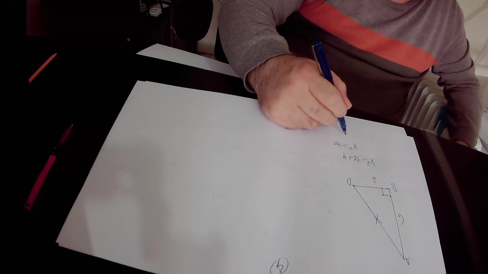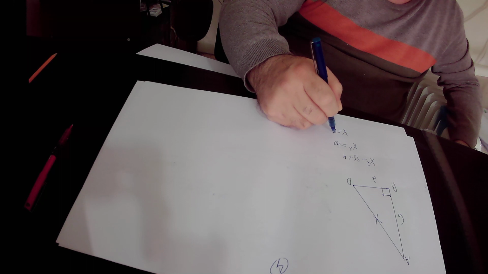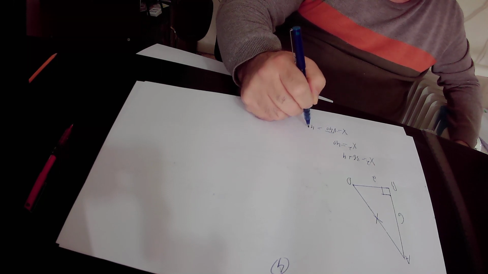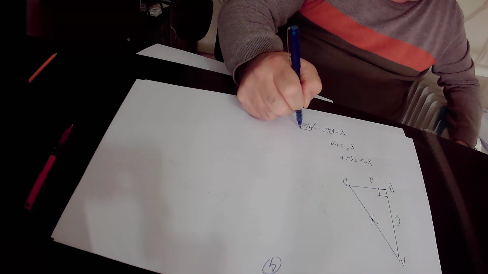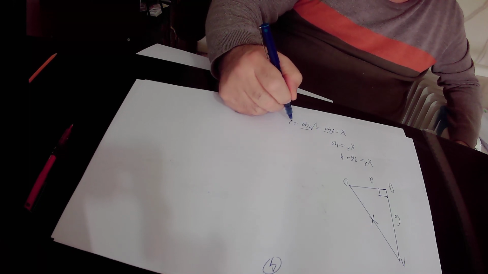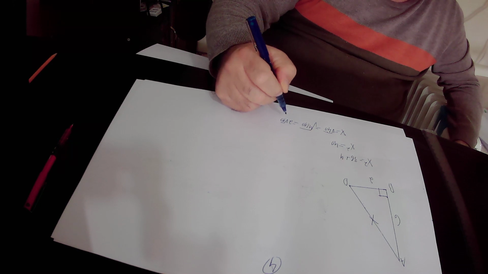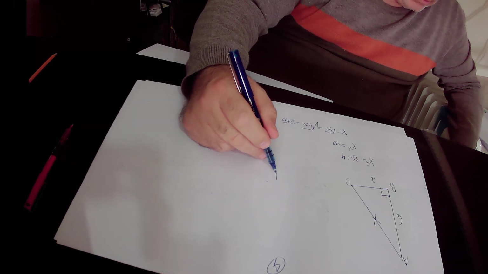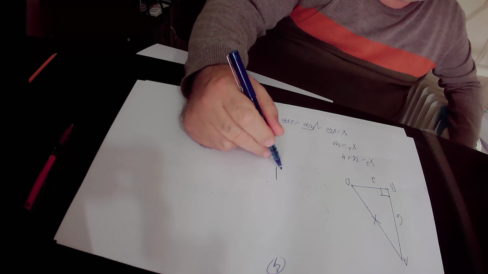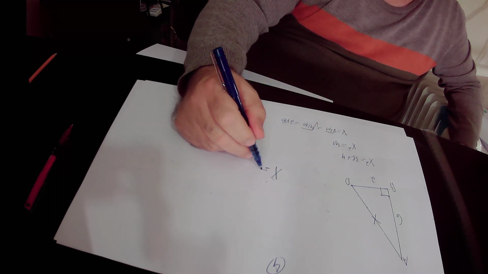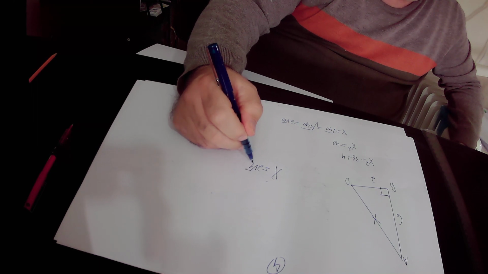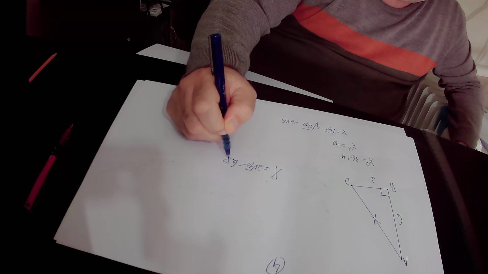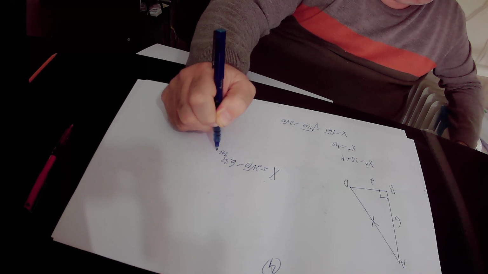We take the root of this equation and we get that x equals the square root of 40. 40 is 4 times 10, and the square root of 4 is 2, so it is 2 times the square root of 10. So in conclusion, we found out that the size of line segment x is equal to either 2 times square root of 10 units, or in terms of numbers, it is equal to 6.32 units.